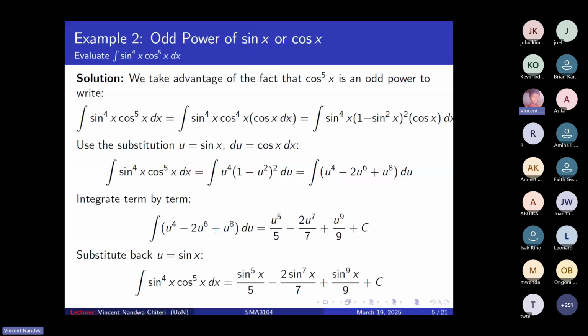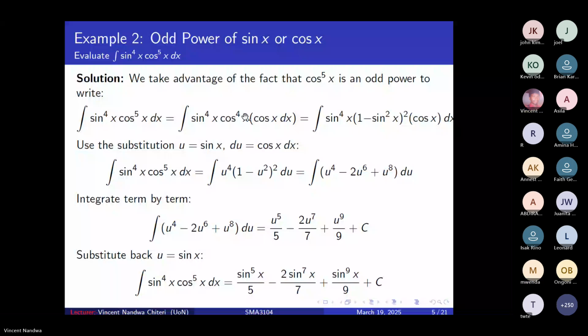So in this case, sine power 4x, cos power 5x dx, because the power of cosine is an odd number, you split this cos power 5 as a product of two functions. One of them is cosine function, and the other one will be cos power 4.